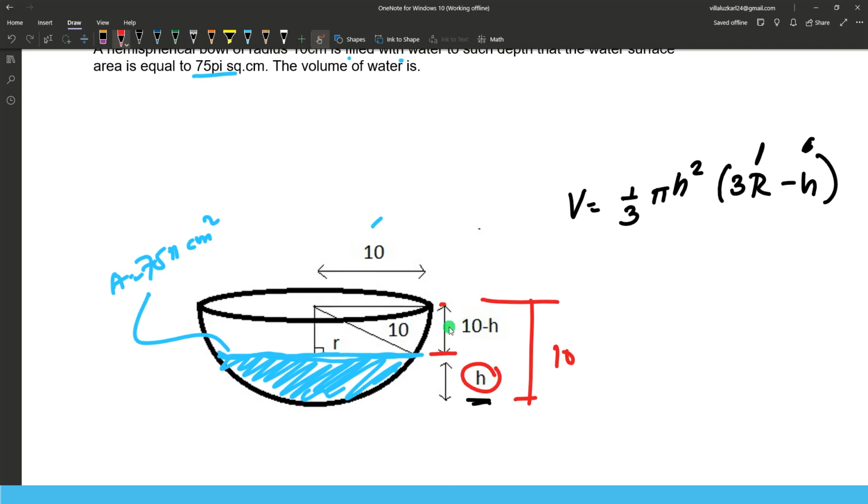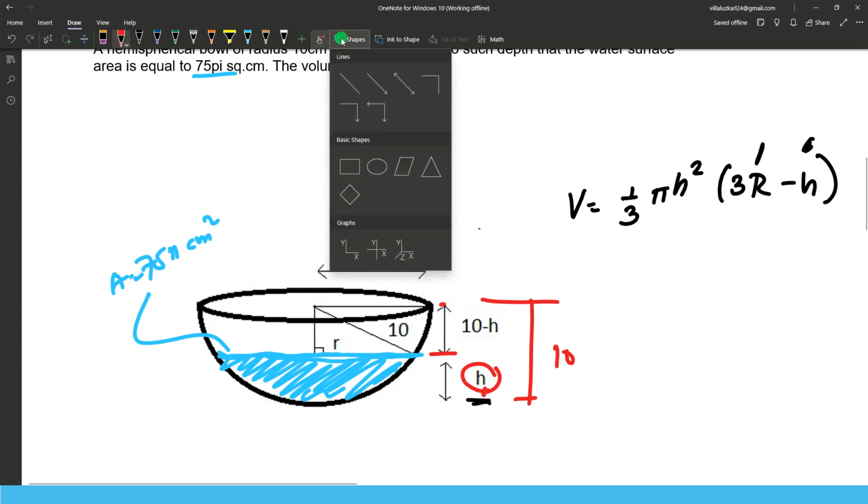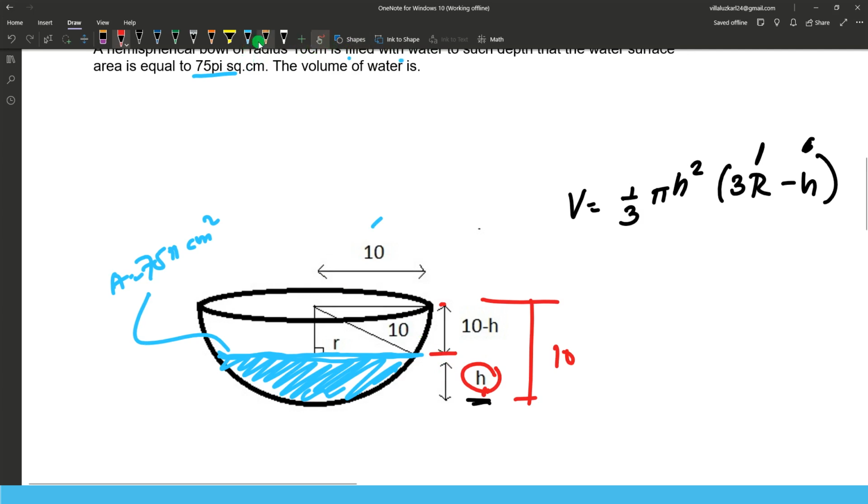So we need to compute h first. In order to compute this depth of water, we should form another right triangle by connecting the center of the hemisphere, or of the sphere if this were a whole sphere, to the edge of the water surface, which is this one.